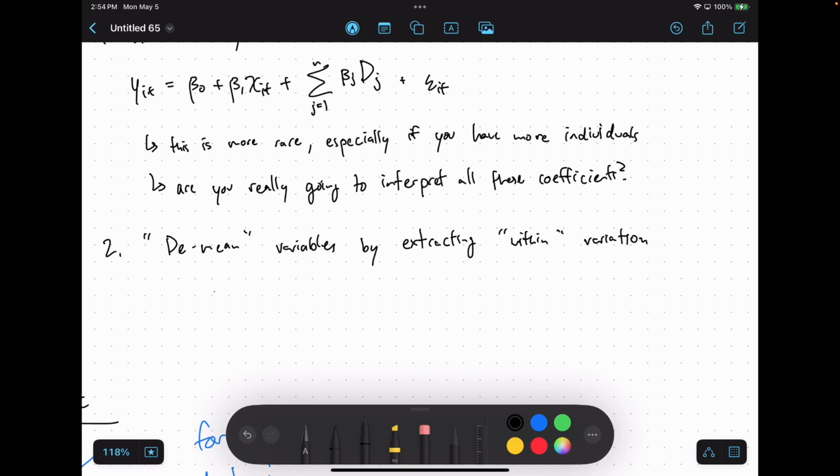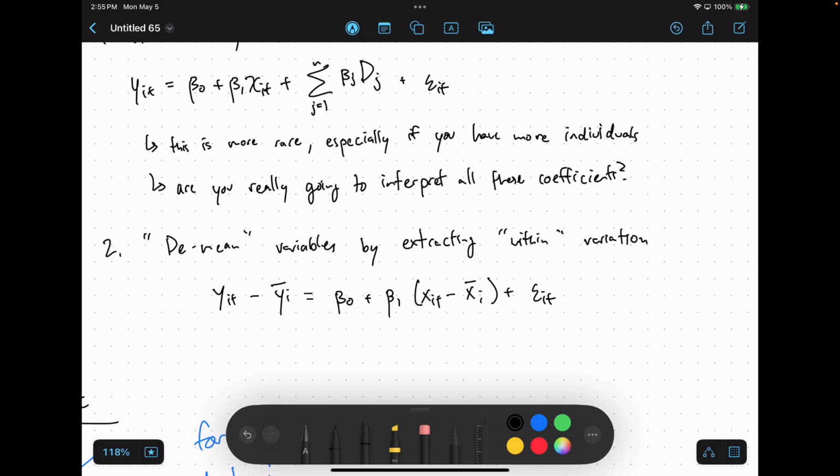That looks something like this: y_it minus the average y_i is equal to beta 0 plus beta 1 times x_it minus x_i bar. Okay. So this is a different way of thinking about it, but it will give us exactly the same answer.